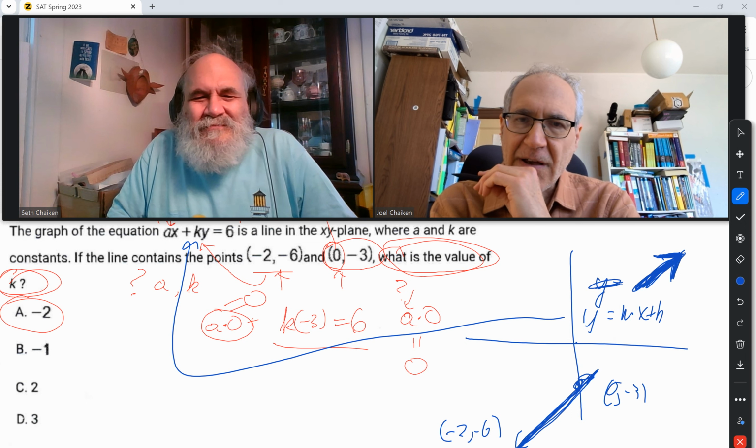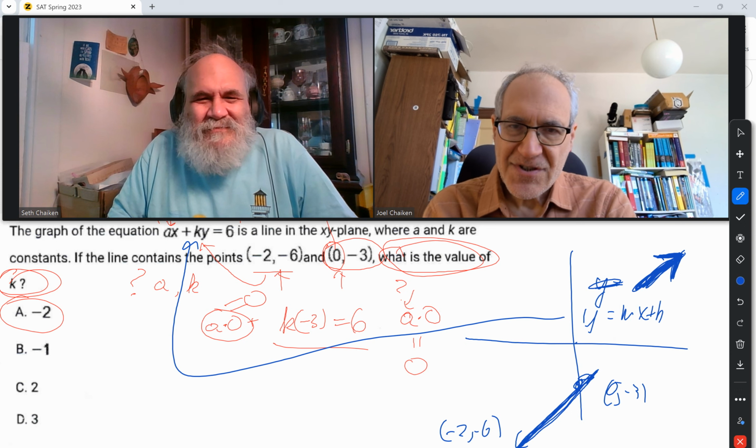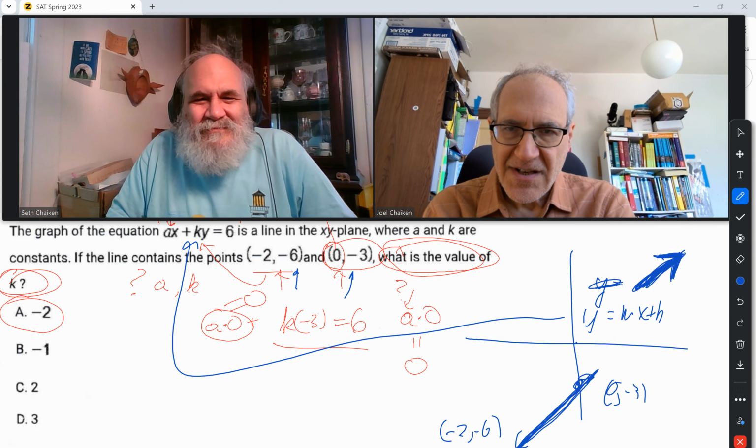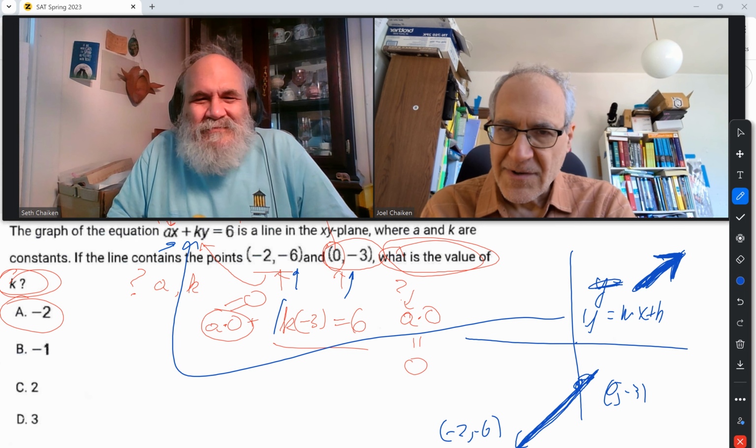There may be an easier way. And definitely the easier way is to do what Seth said, which is to put these numbers into the equation, and then you have two unknowns, a and k, two equations. And then Seth said, yeah, it turns out that it's only one equation.